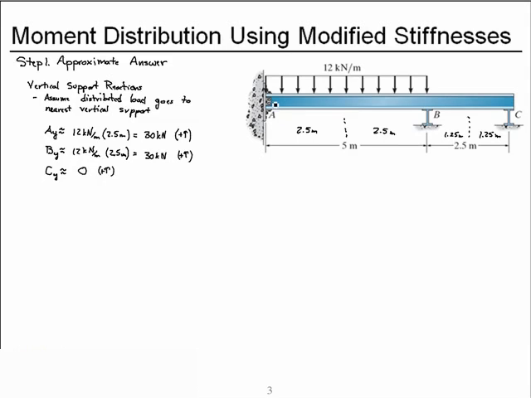But let's take a look at the elastic curve, the deflected shape we expect for this beam. It will start horizontal at the fixed support. It will be curved down underneath the distributed load, but then must curve back up. And in order for it to take this shape and still be supported at C, it must curve as so.